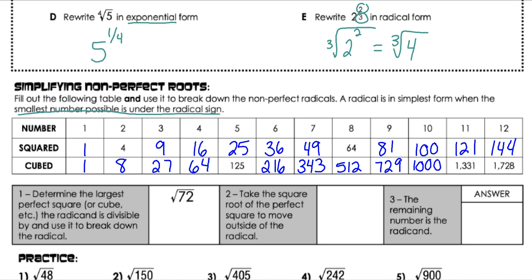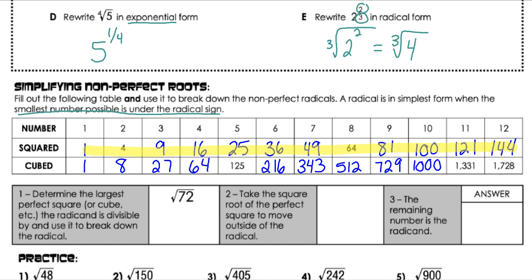So we are simplifying these non-perfect roots. So the steps here are to first determine the largest perfect square or cube or whatever root we're taking that divides into our root. So in this case, we have 72. So we want to figure out, and it's the square root, in my square root row here, what's the biggest number that I can evenly divide out of 72?